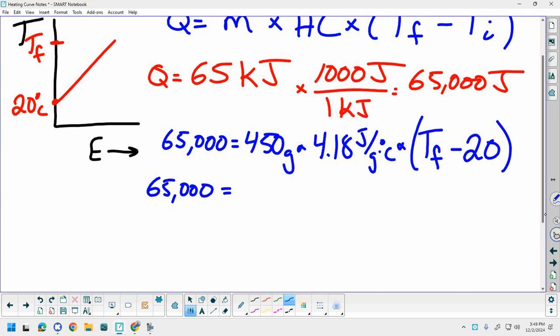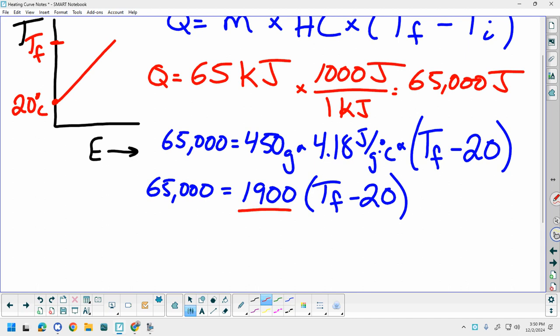Let me grab my calculator quick. 450 times 4.18 to 2 sig figs, that's going to be 1900, times temperature final minus 20. So we got that now.